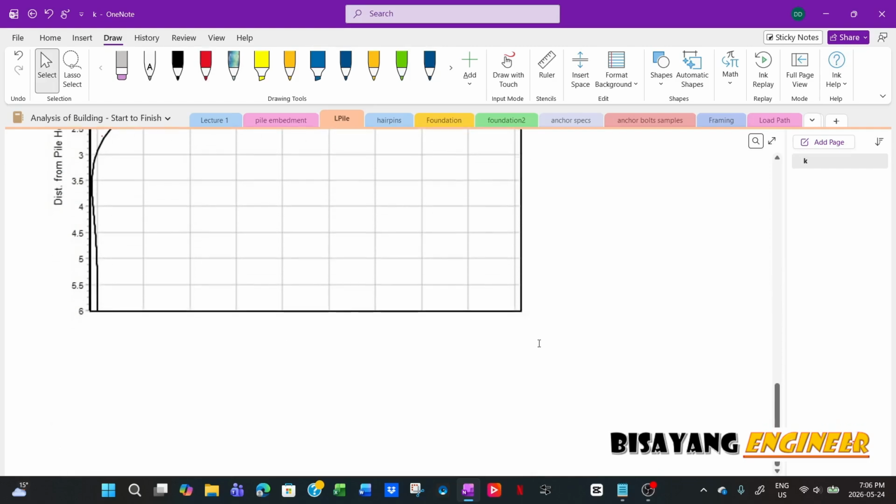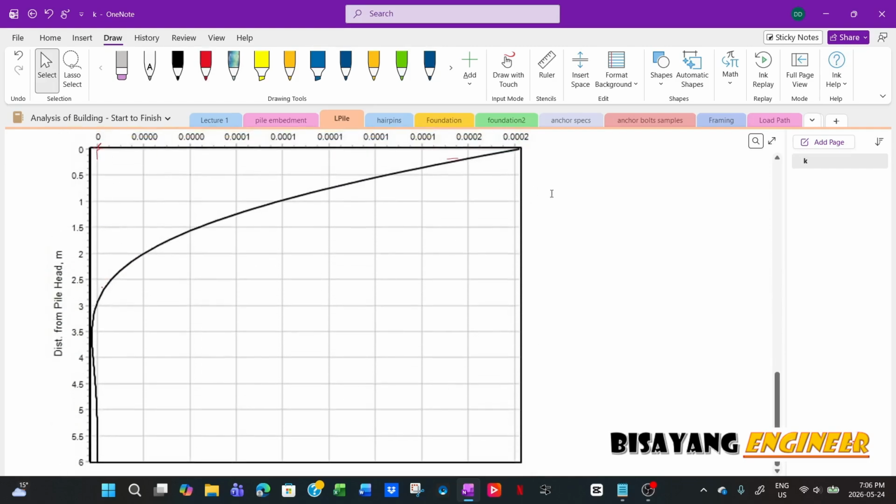So in this particular project, the embedment I used is 6 meters, but the explanation is, if you notice, this is our origin. Now at 3 point something, there's a rotation here.